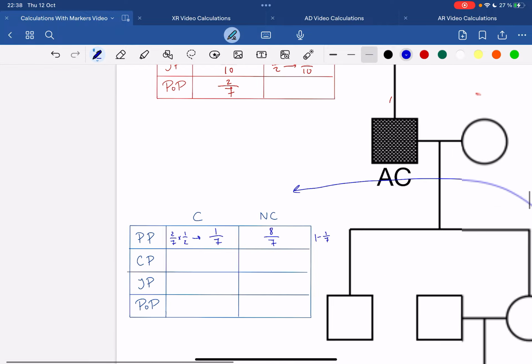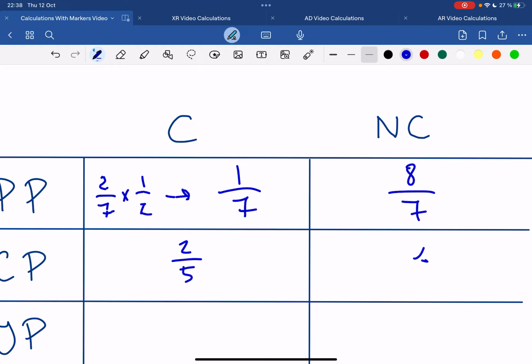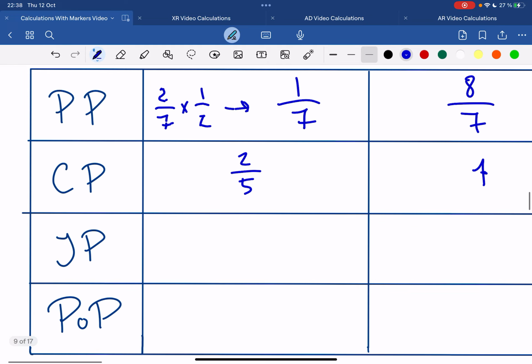Conditional probability is the same as before, that's 2/5. And meanwhile here it's always 1. And then we just take joint probability, which in this case would be 2/35 here. And then 6/7 can be rewritten into 30/35, I believe.